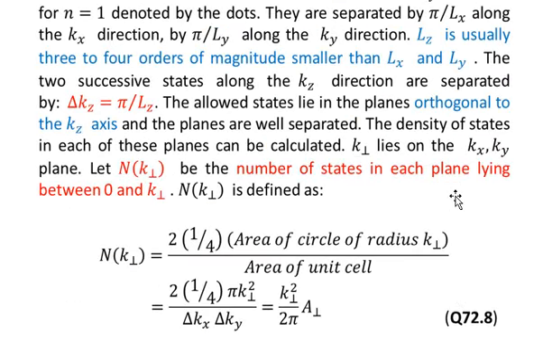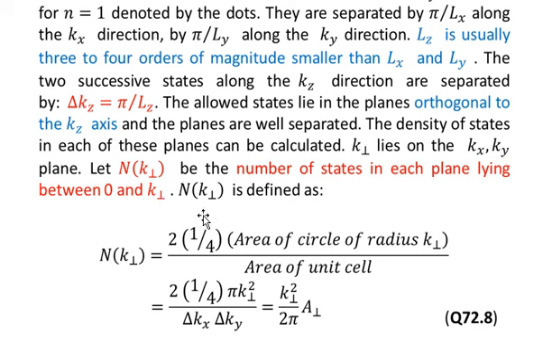Similarly, the states in the n is equal to 2 level also lie orthogonal to the kz axis, and the planes are well separated. The density of states in these planes can be calculated. K perpendicular lies on the kx ky plane. Let capital N as a function of k perpendicular be the number of states in each plane lying between 0 and k perpendicular.